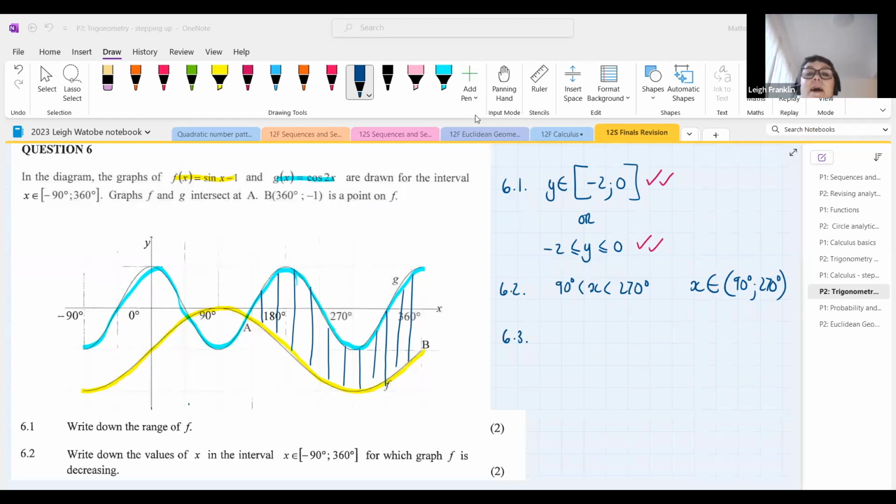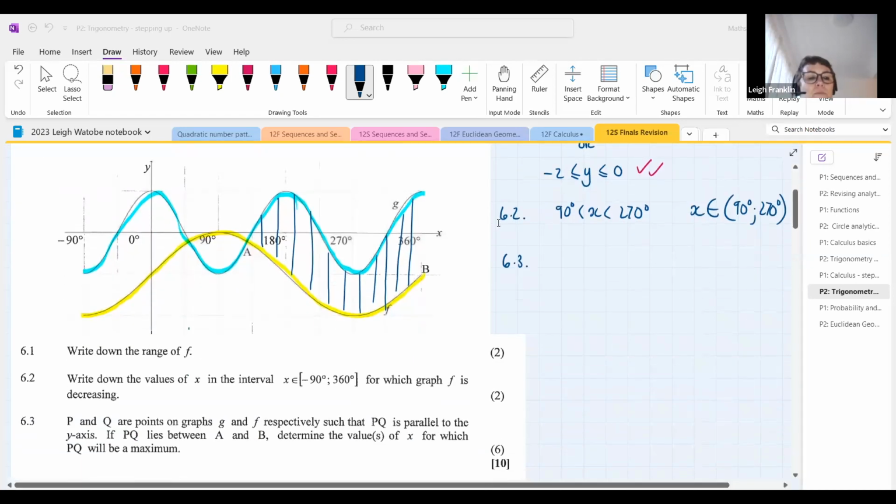Hi, Miss. Hi, Mary Lynn. Miss, I wanted to ask, this is not about 6.3, it's more like 6.2. When they're asking you to find intervals, are the intervals always on the graph, or do you sometimes have to calculate them? Well, with a question like this, because it's only out of 2 marks, you wouldn't have to calculate it.